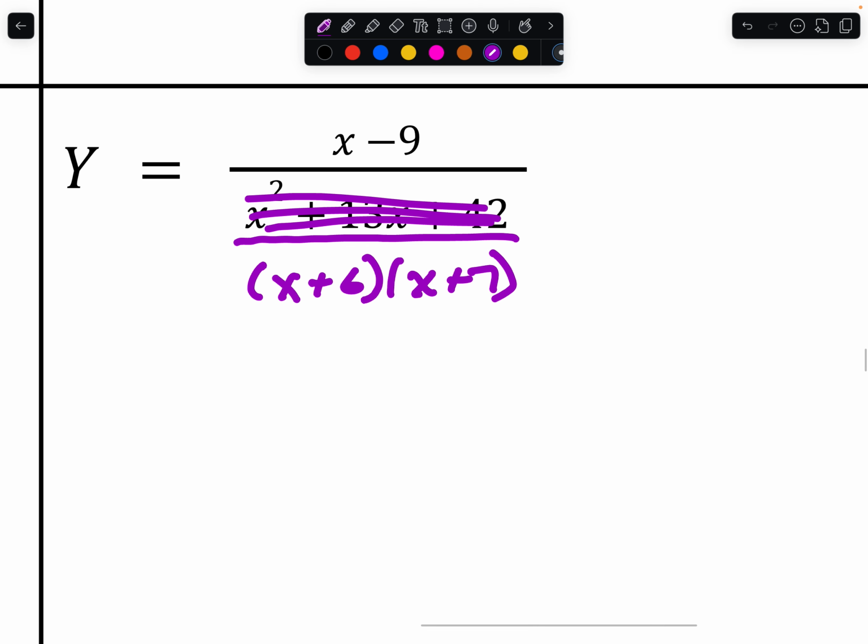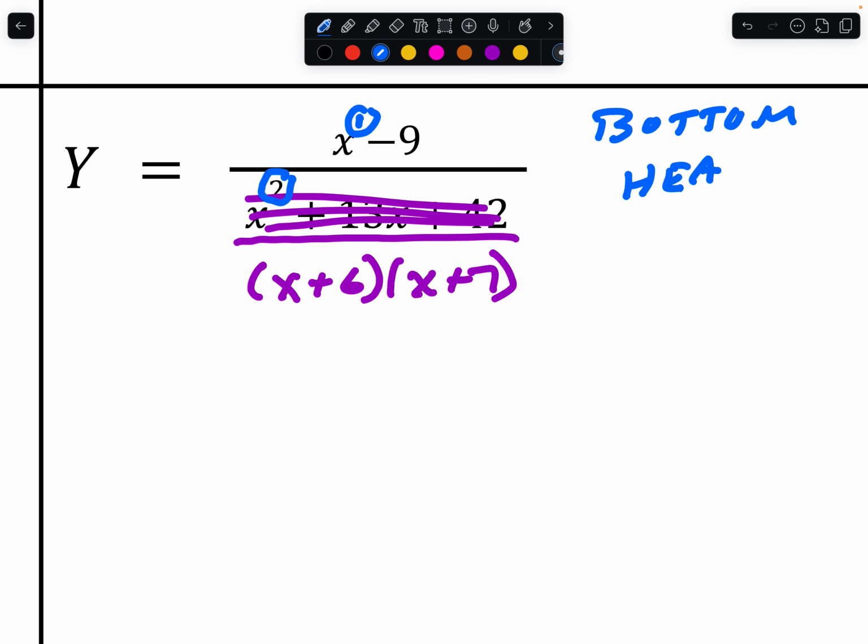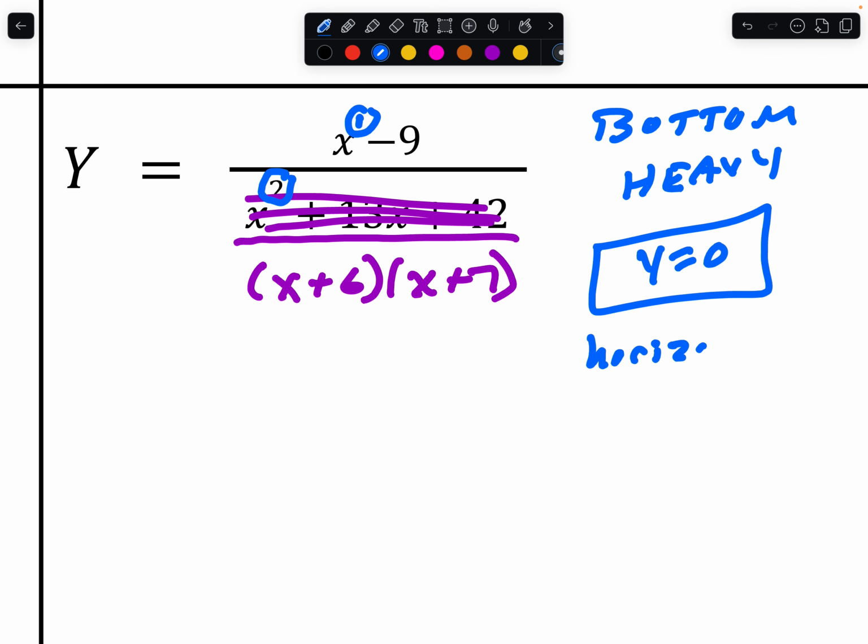Okay, but now you've got to realize that I have a second power here and a first power here, so this is also bottom heavy, which means that there is a horizontal asymptote at the line y equals 0, okay? The line y equals 0 is our horizontal asymptote.